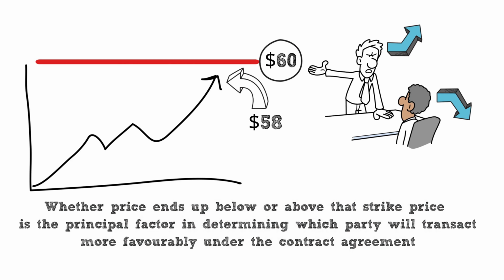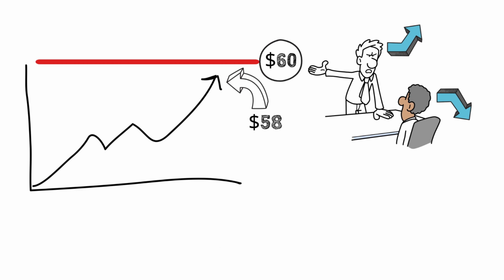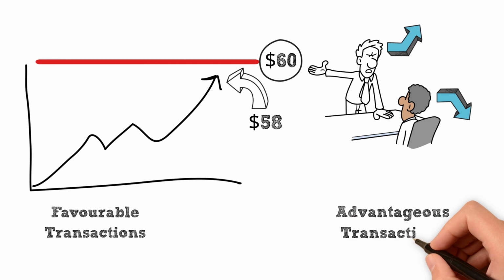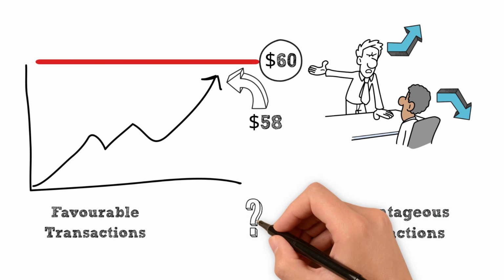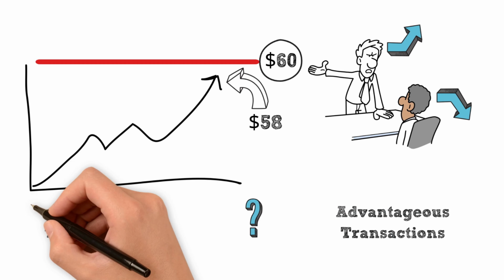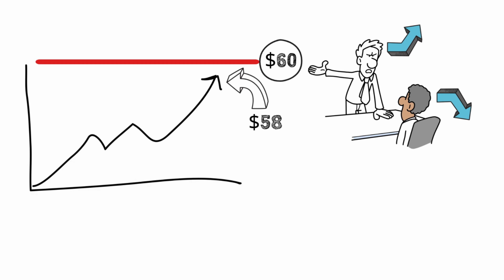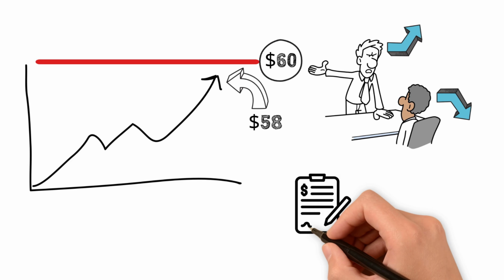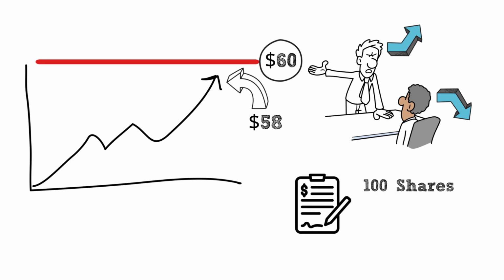Which brings us to the next purpose that the strike price serves. So you heard me say the terms favorable transactions and advantageous transactions. So what does that actually mean? Without delving too deeply at this stage, remember, an option contract contains the promise of 100 shares of stock inside it.